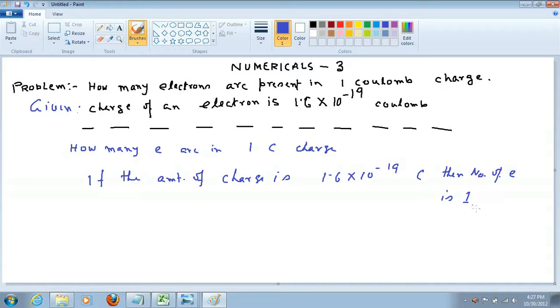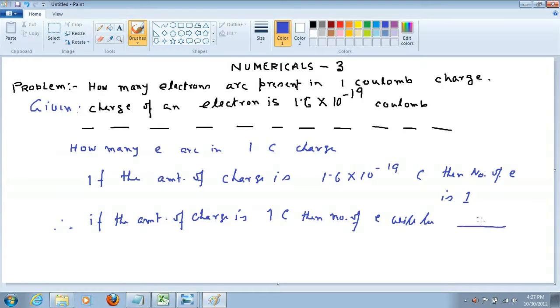Okay, so if the amount of charge is 1 coulomb, how many electrons will there be? It will be 1 divided by 1.6 into 10 to the power minus 19. So if the amount of charge is 1 coulomb, then the number of electrons, E meaning electrons, will be 1 upon 1.6 into 10 to the power minus 19.